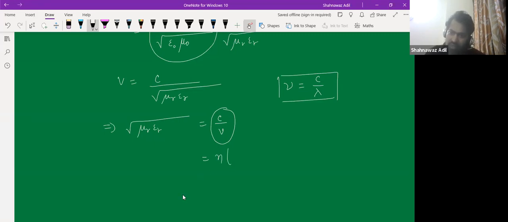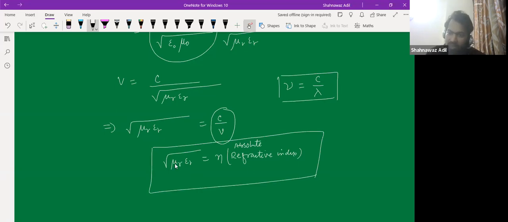Yes, the refractive index, and this is the absolute refractive index. So in this way, from relative permittivity and relative permeability, we can calculate the refractive index.